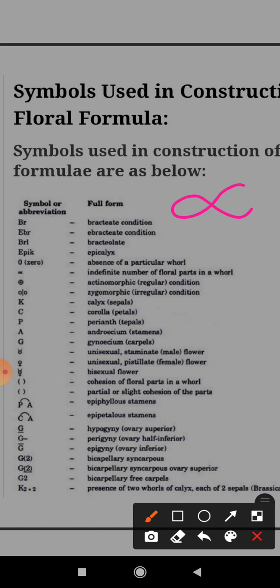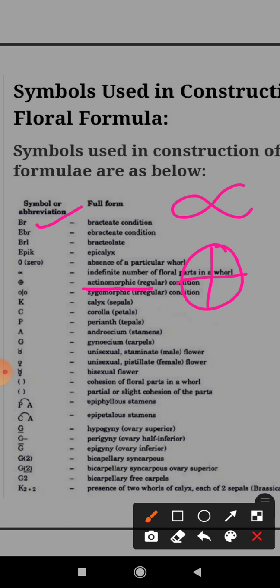Then we come to the symmetry. If it is a regular symmetry, that means the flower is actinomorphic, that means it can be divided into two halves by passing a line through any plane through the axis, then it is called regular or actinomorphic, and an actinomorphic flower is represented by a circle and a cross in the center, right?